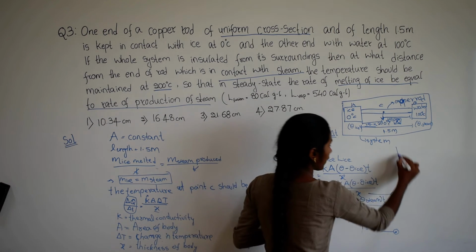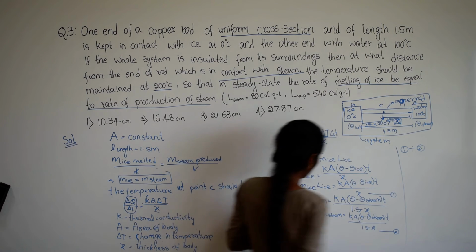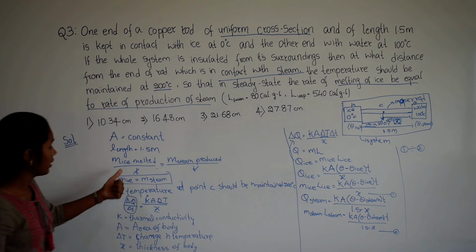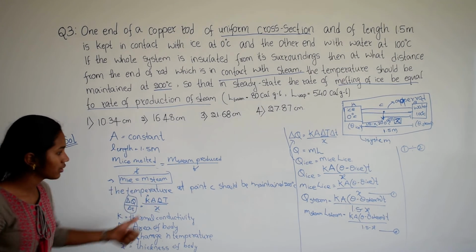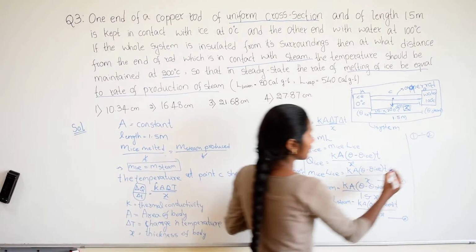Now let us divide both equations: equation 1 divided by equation 2. We know that we have considered mass of ice equal to mass of steam, so on the left side mass of ice and mass of steam cancel.